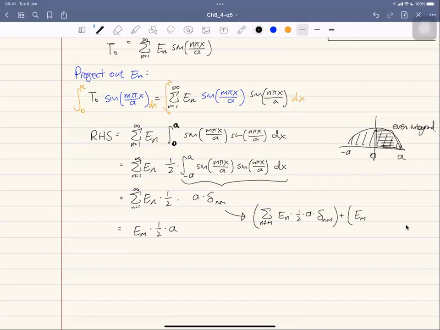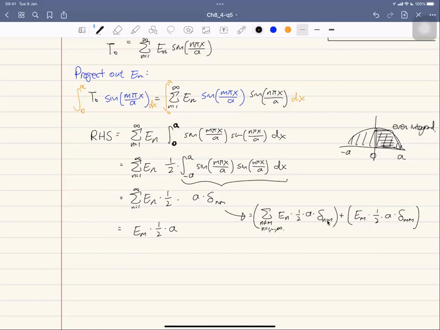So this delta nm, where n is equal to m, like this, right? So this actually equals this chunk. Well, n also goes from 1 to infinity, but this one specific term, I'm just going to pull out that term over here.